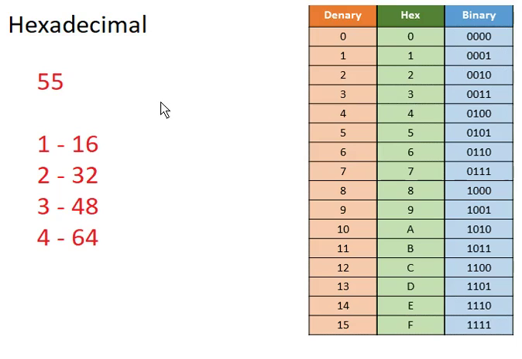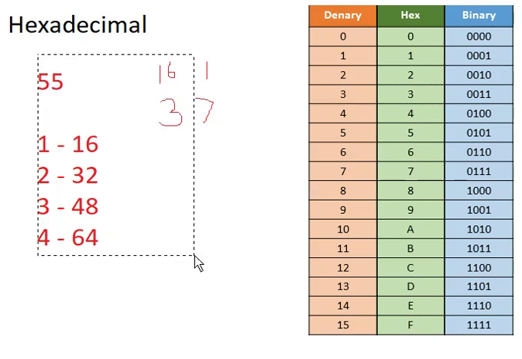So that means the first digit is 3. This column is worth 1, we haven't put this in yet. This column is worth 16, so that's worth 48. That leaves me with 7. So then I just stick the 7 in there. And that's what you do. So that one would be 37 in hexadecimal.